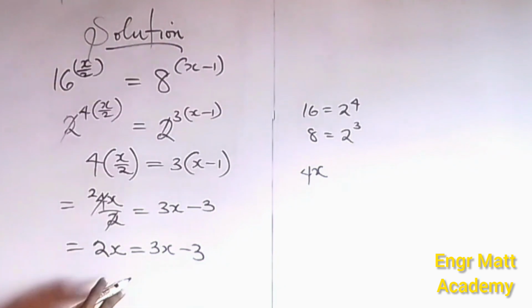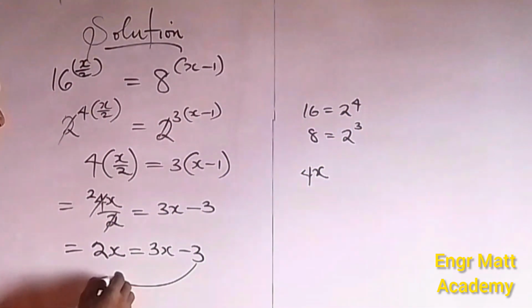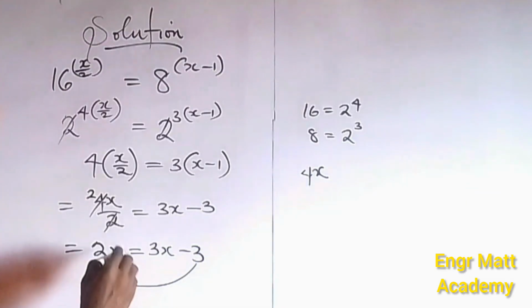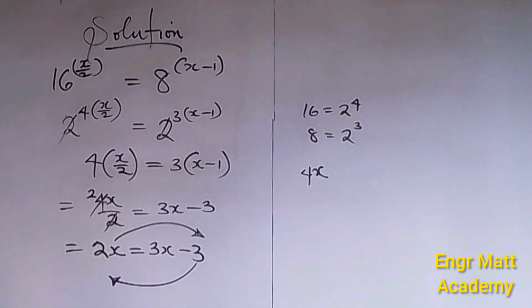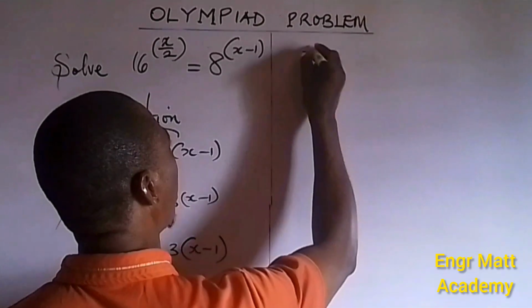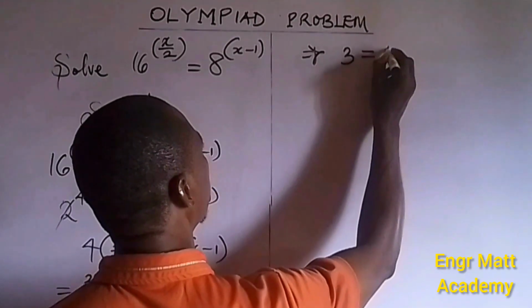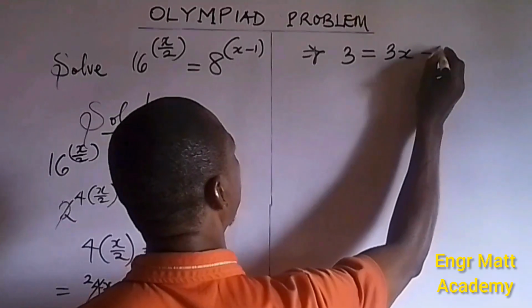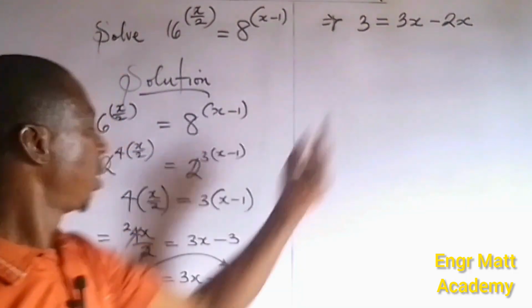Now we can solve for the value of x by moving minus 3 to the left hand side of the equation, and we move 2x to the right hand side of the equation. Let's do that. We now have 3 is equal to 3x minus 2x. How do we get this?